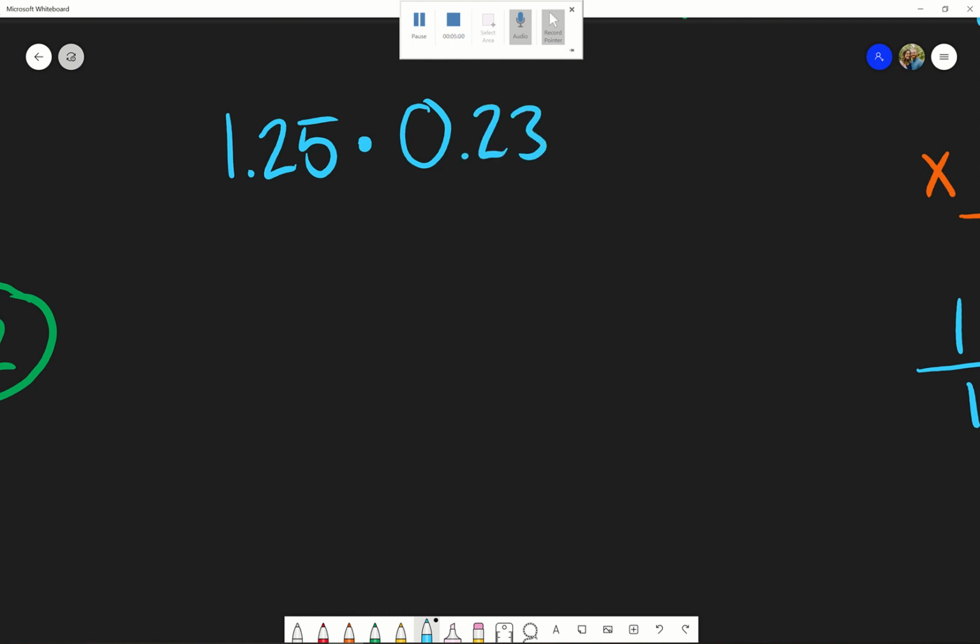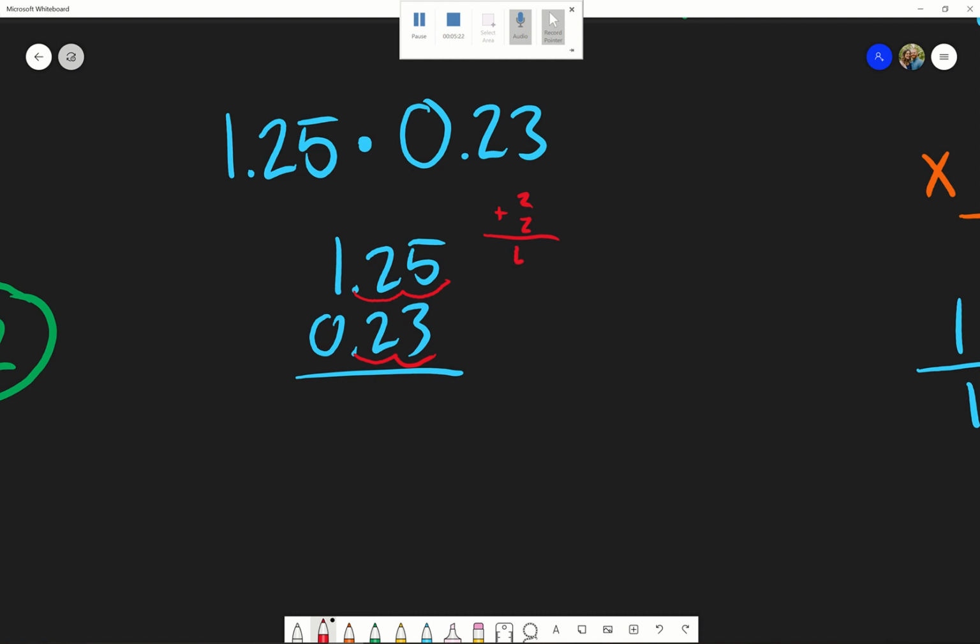All right, I'm going to stack these. 1.25, 0.23. Again, they happen to line up, but that doesn't mean they're going to every time. This first number up top, I'm going to take my decimal out 2 places. I'm going to take my second decimal out 2 places. I add those up for a grand total of 4 places at the very end of this problem. I'm going to bring my decimal in 4 places.